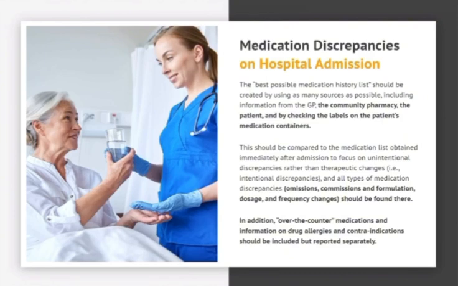This should be compared to the medication list obtained immediately after admission to focus on unintentional discrepancies rather than therapeutic changes, for example, intentional discrepancies, and all types of medication discrepancies, omissions, commissions, and formulation, dosage, and frequency changes should be found there. In addition, over-the-counter medications and information on drug allergies and contraindications should be included but reported separately.